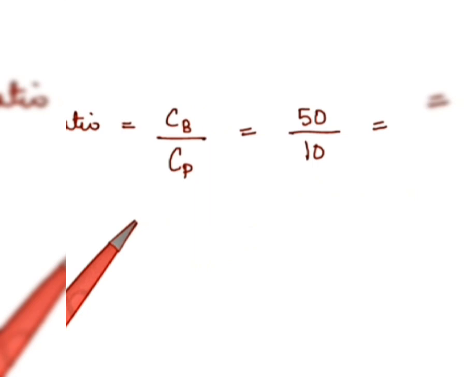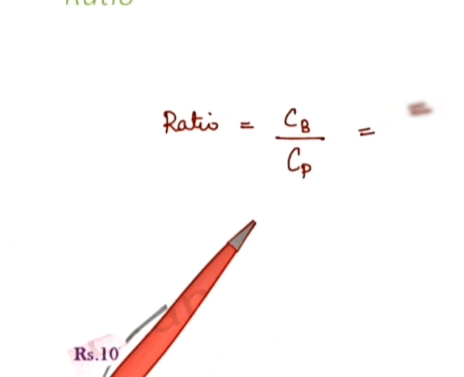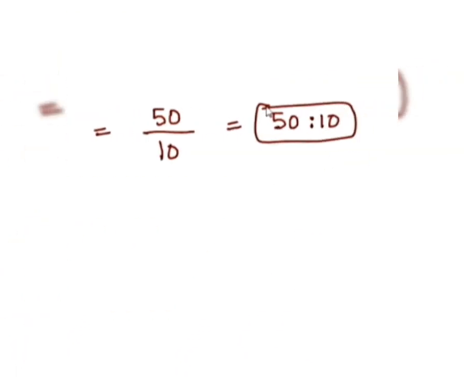So 50 divided by 10, and both are in the same units, rupees, so we can find the ratio. So 50 by 10 is equal to 50 is to 10, and it is the ratio.